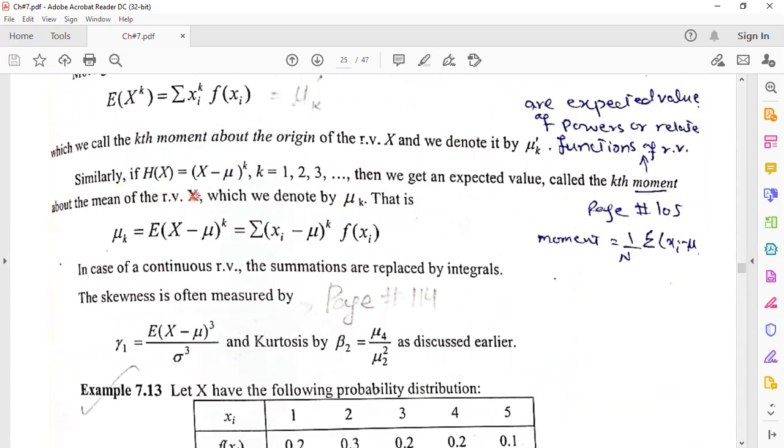If h of X equal X minus mu whole power k, k 1, 2, 3, so on, then we get an expected value called the kth moment about the mean of the random variable X, which we denote by mu k.